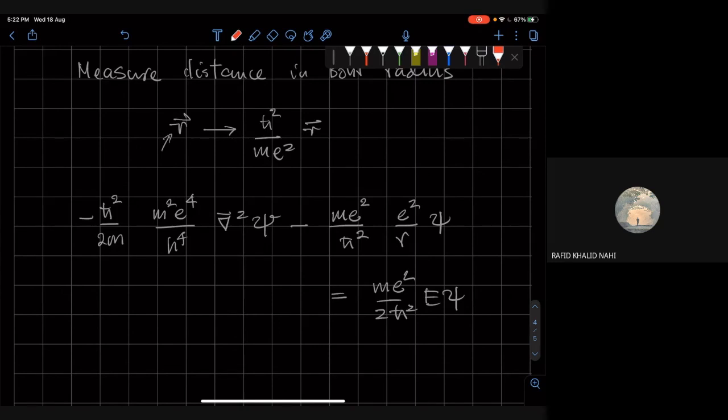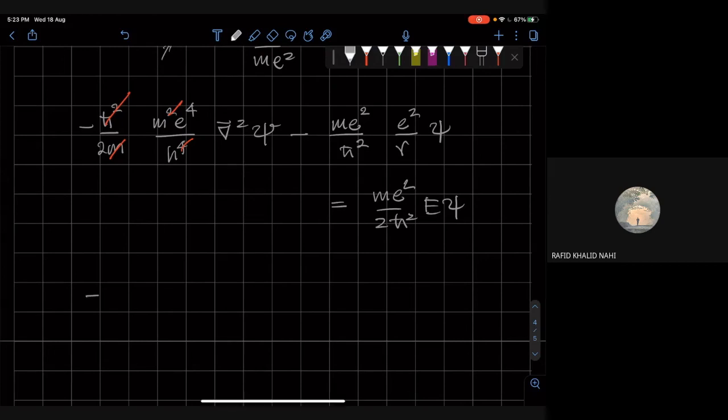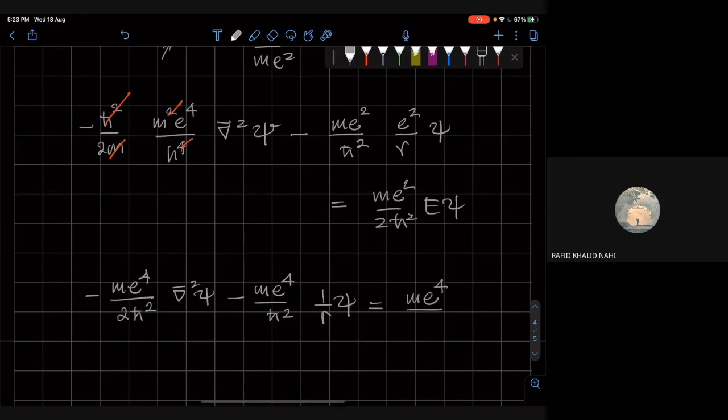The m cancels out, 2 factors of h cancel out, and then what we have is a very nice looking equation where we have minus m e to the power 4 divided by 2h squared del squared psi minus m e to the power 4 by h squared 1 over r of psi is equal to m e to the power 4 by 2h squared E of psi.